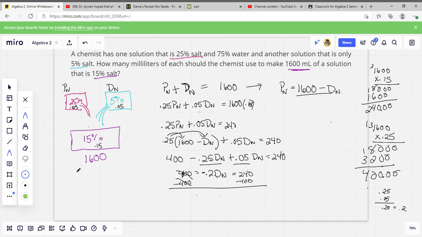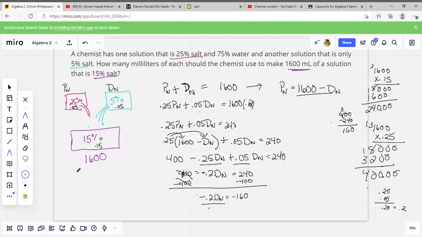Those cancel, and we get negative 0.2 DN equals 240 minus 400, so we'll have to say 10 minus 4 is 6, 2 minus 2 is 1, 160, negative 160.